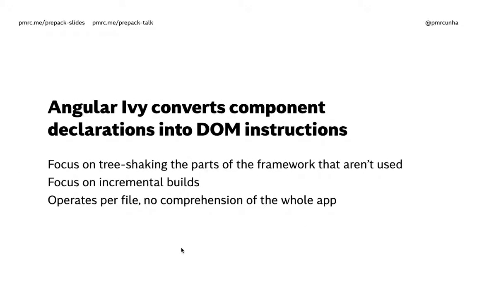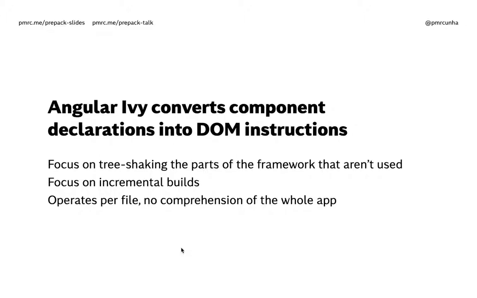So let's look at what these other platforms are doing in terms of ahead-of-time compilation. One of the ones that talk most about it is Angular. They're implementing a new compiler called Ivy. Their goal is to improve tree shaking. They want smaller bundles, and they also want incremental builds, so faster builds.